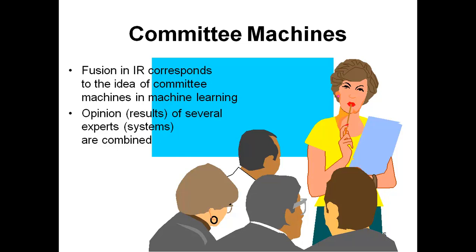The metaphor is an expert meeting, where different people come together, bring their opinion, and then hopefully the committee comes up with a better decision than any individual. And that is what we try for algorithms in AI and machine learning. It's called committee machines. For information retrieval, we call it fusion, or sometimes rank aggregation.